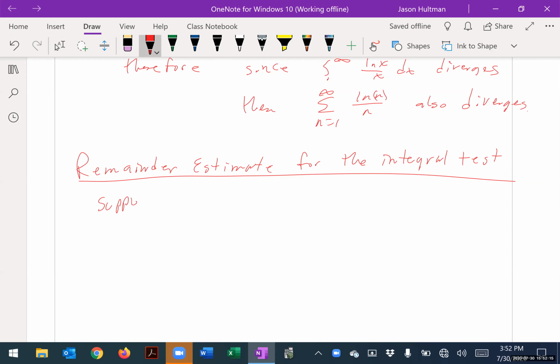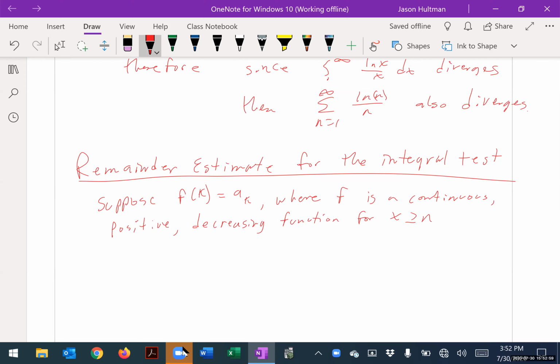Suppose f of k is equal to a sub k, where f is a continuous positive decreasing function for x greater than or equal to n, and the summation of a sub n is convergent.